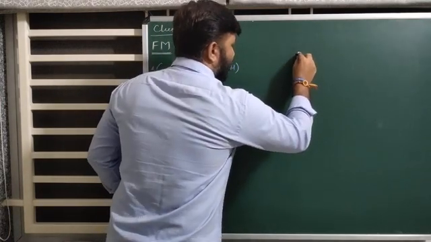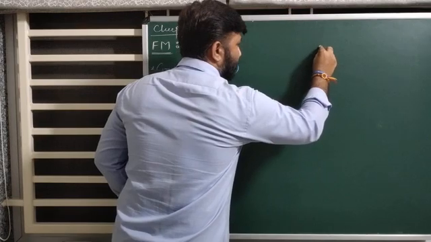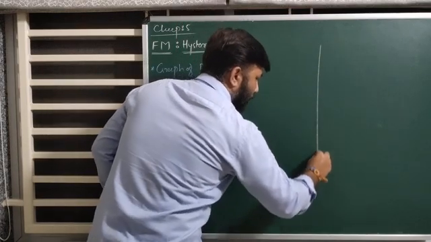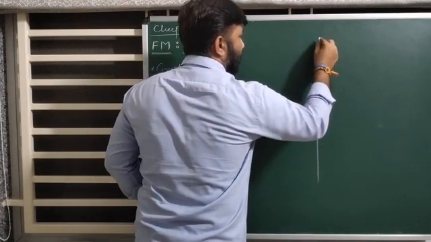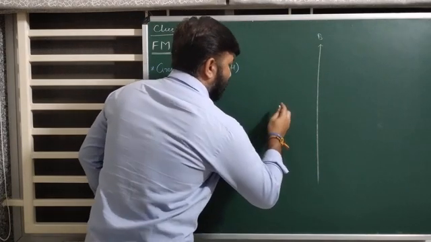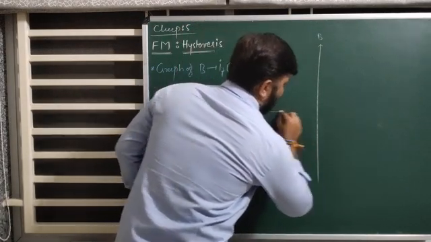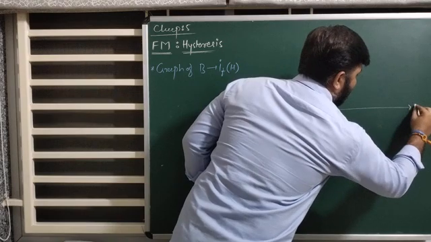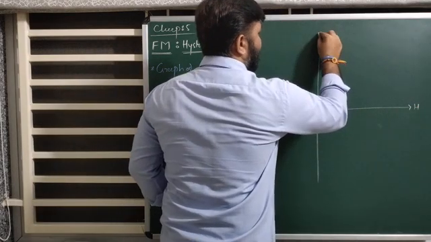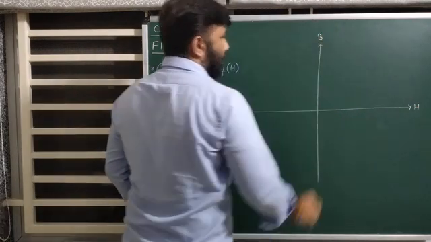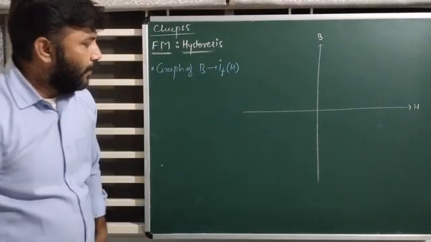On the y-axis, you have to take the magnetic field, and on the x-axis, we have to take H, the magnetic intensity, or you can write IF also.